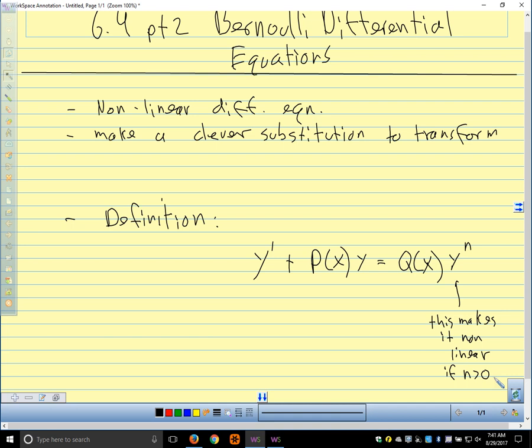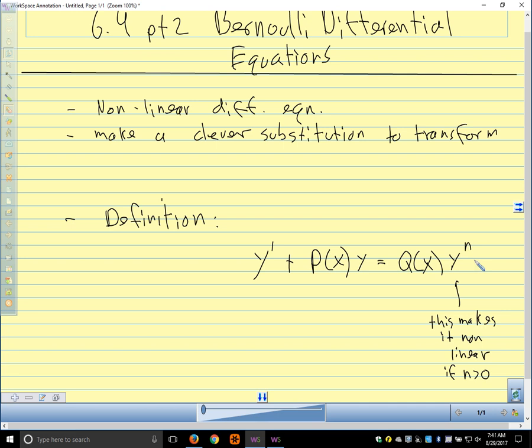All right. So it looks a lot like a linear differential equation. So what mathematicians figured out is we can make a substitution to turn it into a linear differential equation. So we want to make a substitution so we don't have this y to the n on the right-hand side. Remember that when we solved our first order linear differential equation, we wanted this side turned into the derivative of a product.